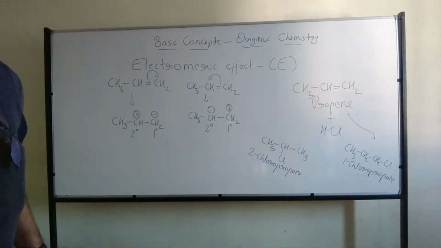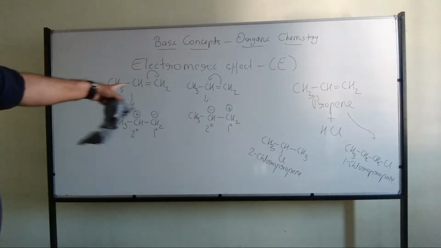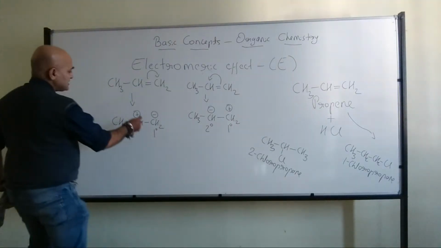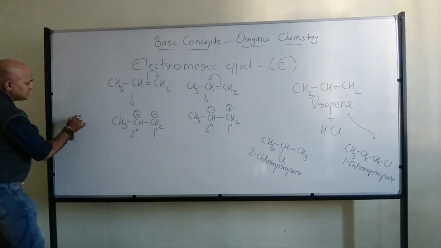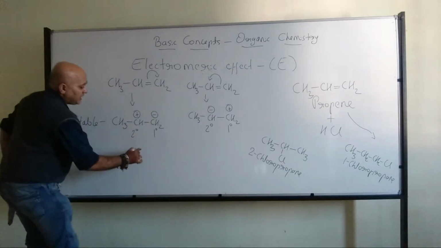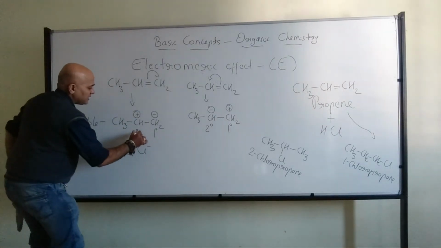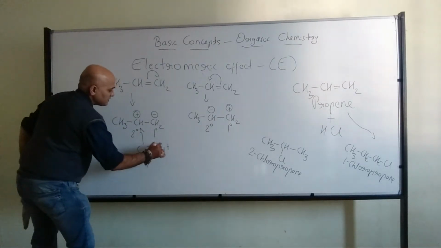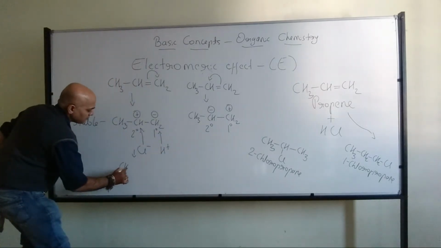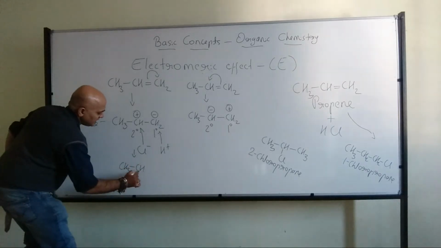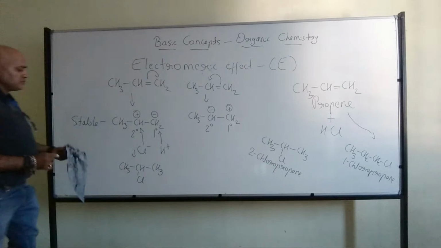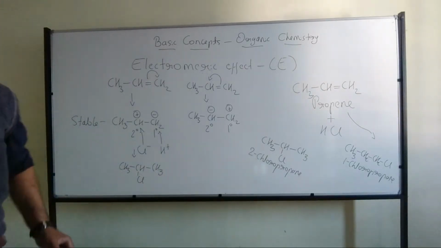These are the intermediates which will be formed during the reaction. Now, since this intermediate is stable, Cl minus will come here and H plus will go here, and therefore we get the major product as CH3 CHCl CH3, isopropyl chloride.